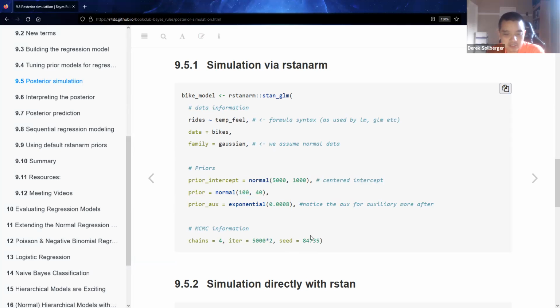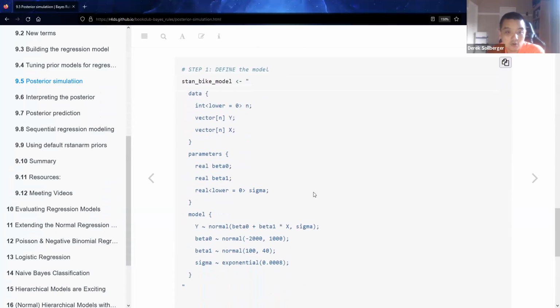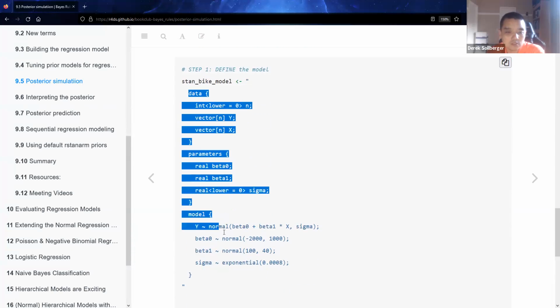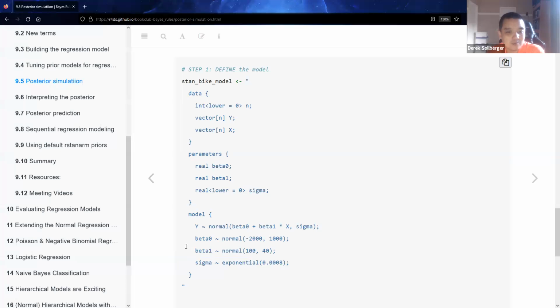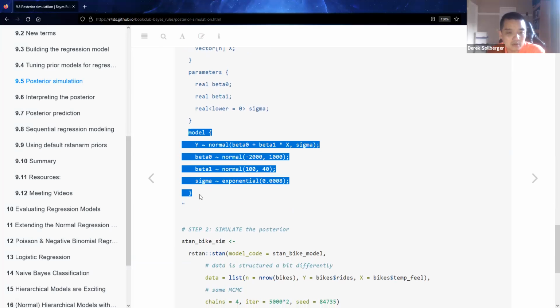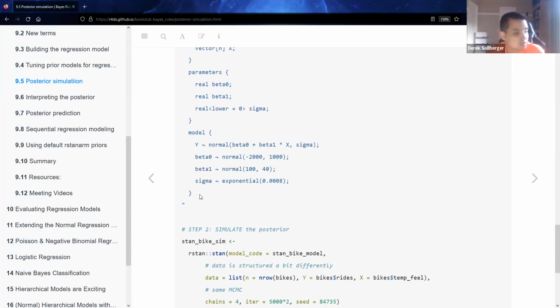But just in case you're curious, if you did this process with the rstan package, we would define the model in a way that we might be familiar with from previous chapters, where we specify with this type of syntax what the data looks like, what the parameters look like, including the data type of the numbers, and the model distributions.